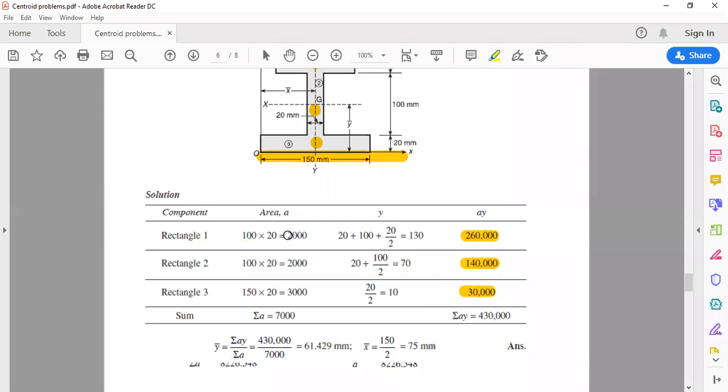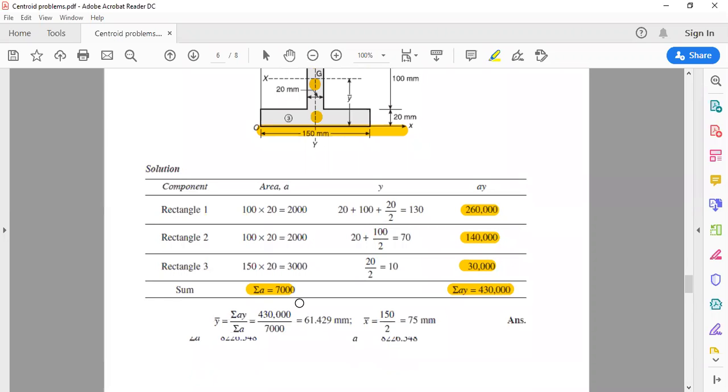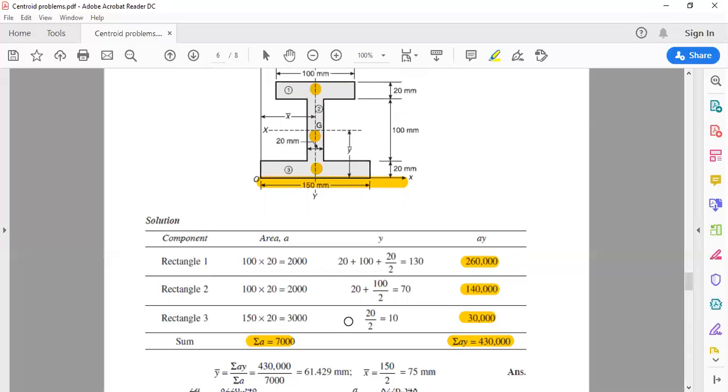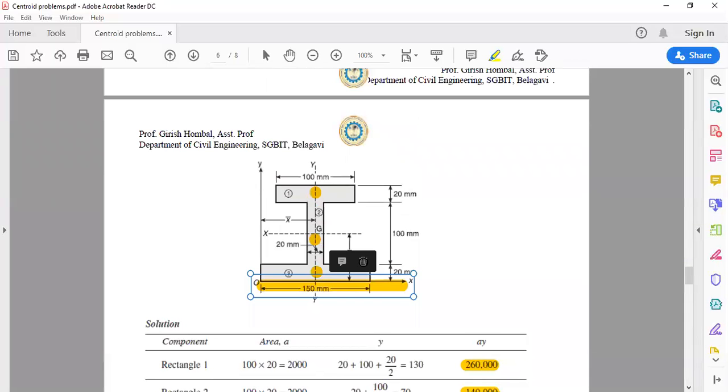Finally, I'll be adding all the areas to get sigma A. I'll be adding A1 Y1 plus A2 Y2 plus A3 Y3 to get sigma AY. And finally, I will calculate Y bar, which is sigma AY divided by sigma A, which is 61.429 mm. So finally, after calculating, I will draw the axis, which is X bar and Y bar.